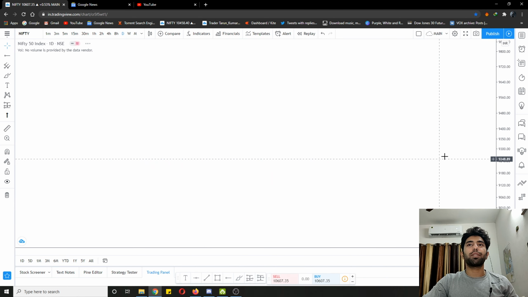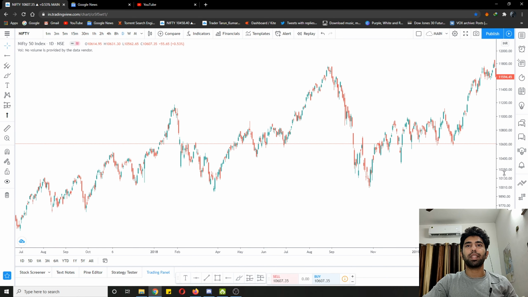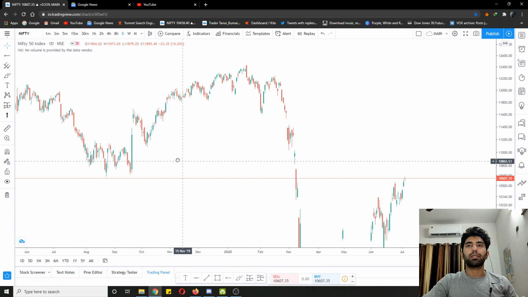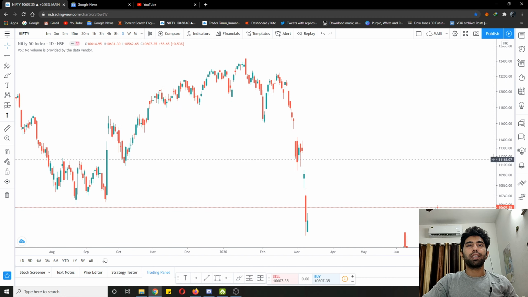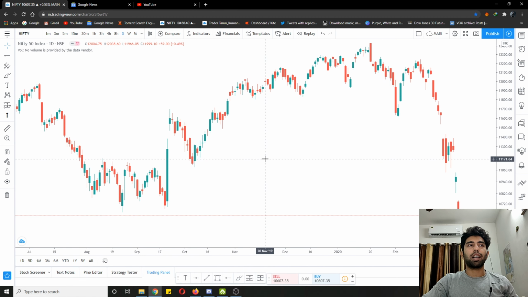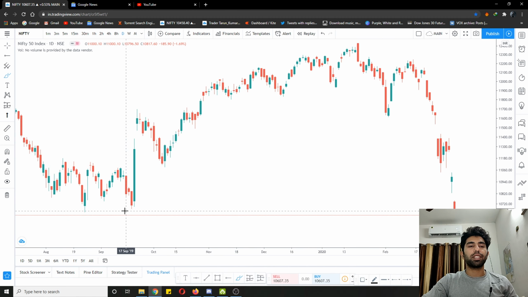Now if we go to the Nifty daily time frame, then we see that after this point, let's mark the levels. So this is A, this is B, this is C. Let's do one thing.